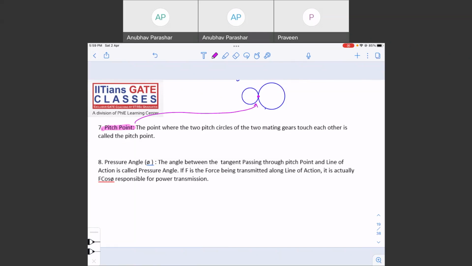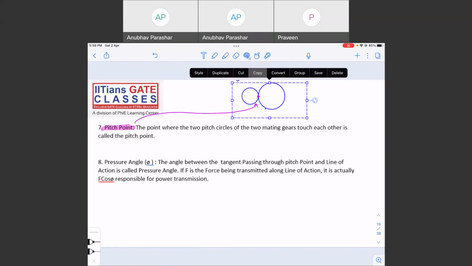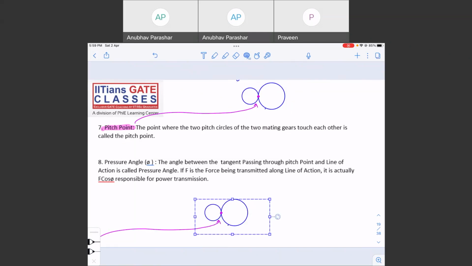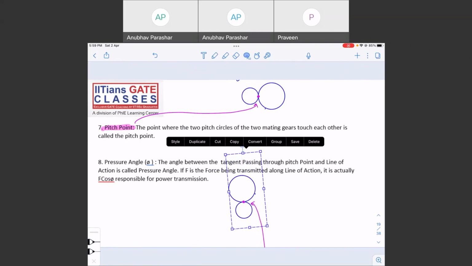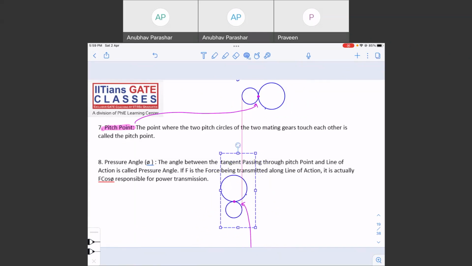Now what is pressure angle? Let me again take this diagram.